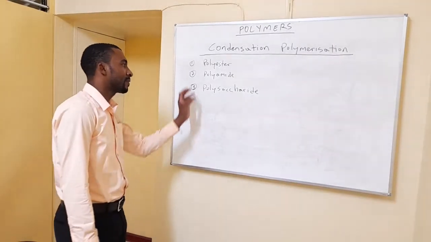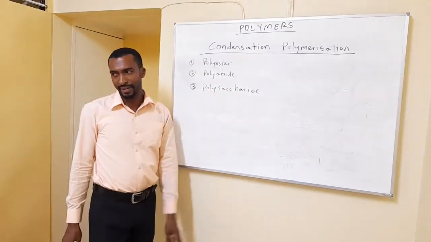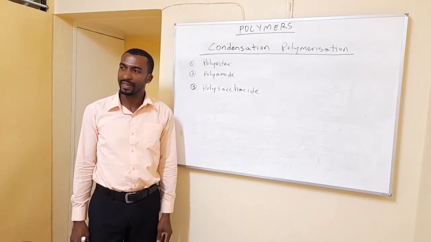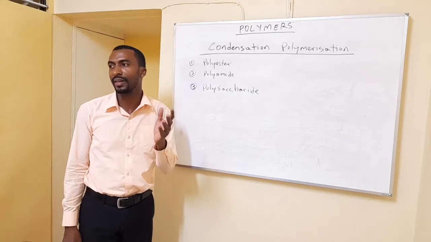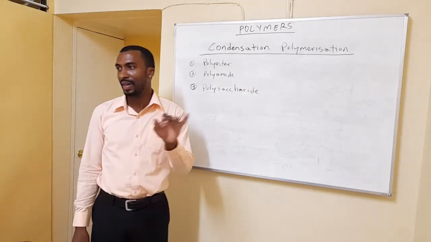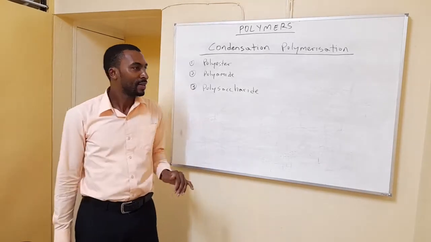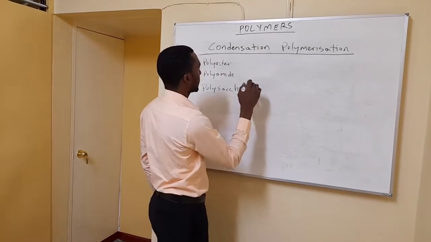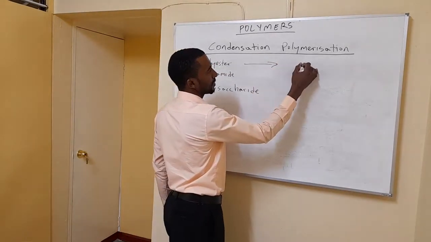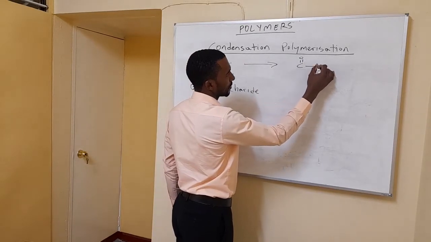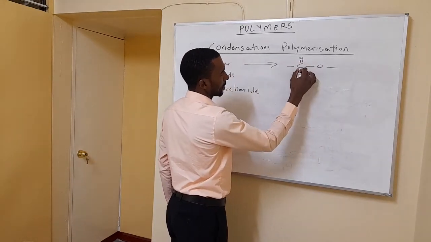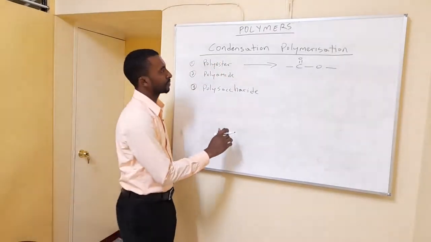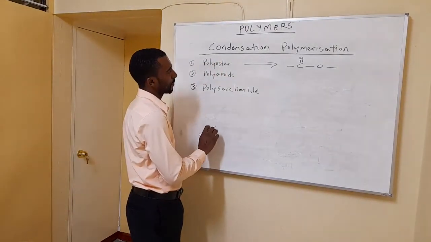Alright, so polyester, right? If you remember from last week's class, we said that when an organic acid reacts with alcohol, we form an ester, right? So we know the functional group of ester from last week. So ester is C=O, and that's the ester functional group, alright?